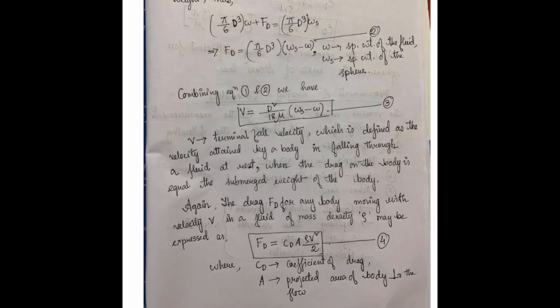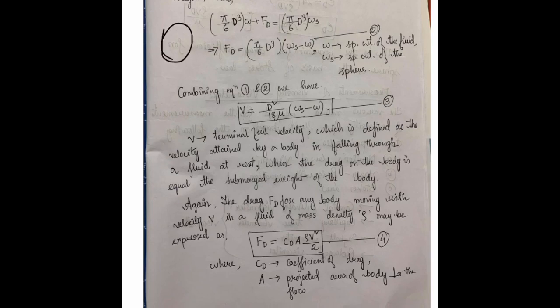After that, if the sphere is dropping down through the fluid under its own weight at a constant velocity v, then the buoyant force plus resistance is equal to weight. Thus, π/6 d³ into w plus Fd equals π/6 d³ ws. w is the specific weight of the fluid and ws is the specific weight of the sphere.